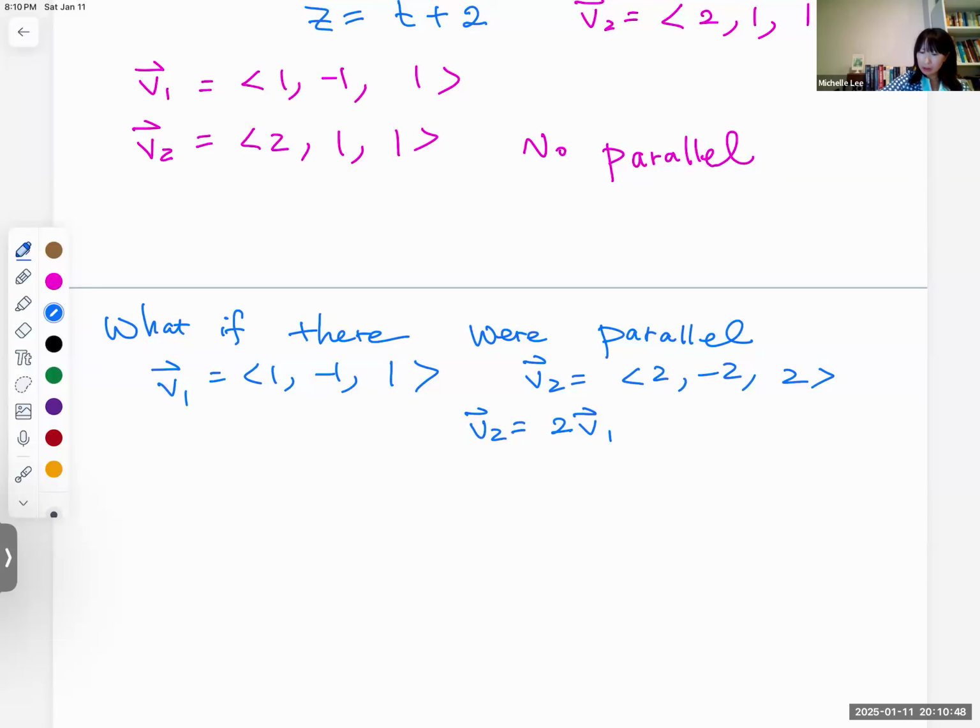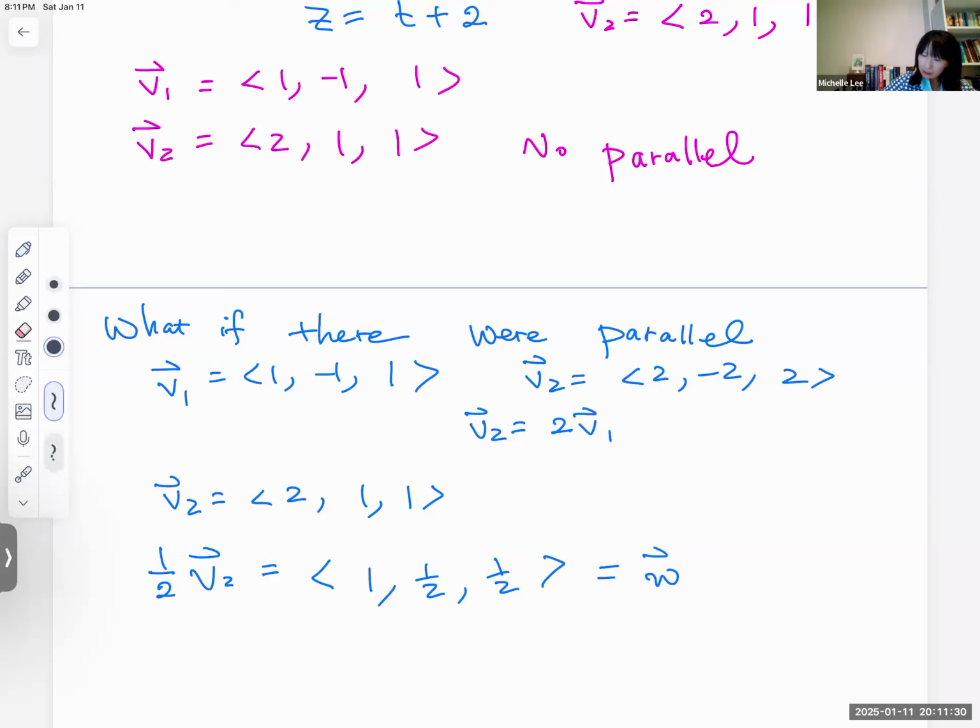Or we can think about others: if we have V sub 2 equal to 2, 1, 1, then we might think about 1/2, giving 1, 1/2, 1/2. Let's just say W, a different vector from V sub 2.